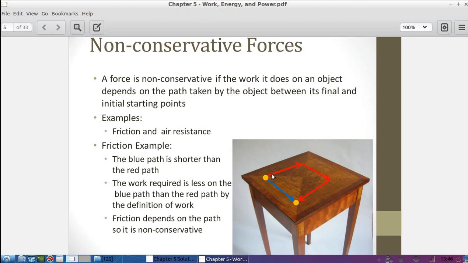If you take that same object, same starting point, you move it up the table, across the table, back down, it traveled a much larger distance, so friction actually did more work on this object because it took a longer path. Okay, so it does more work because the path is longer. So it's not just dependent upon its final and initial position, it depends on the path that it takes.